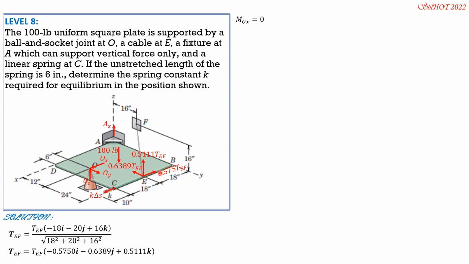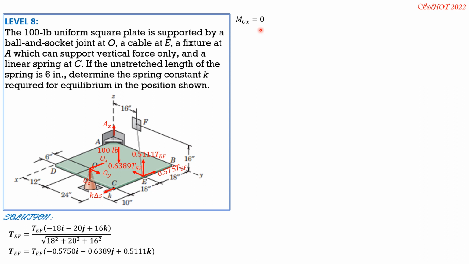So for these tension components, positive moment is in that sense by right thumb rule. Then the 100 pounds is here, so it's negative. AZ is also negative moment about OX. The distance of the 100-pound force is 6 inches from OX, so that 12 plus 6 is 18. Remember, it's at the center.